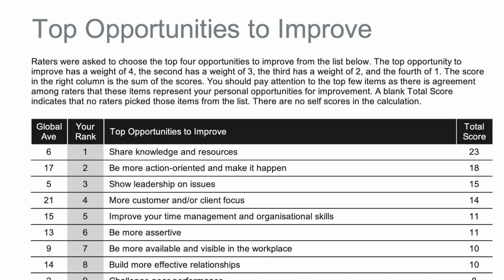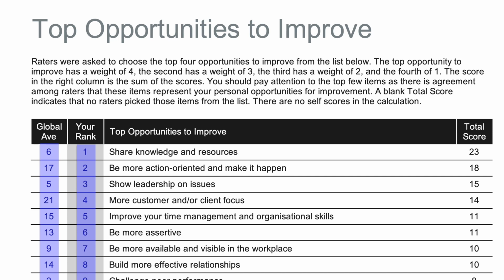When we look at his top opportunities to improve, what we see here is that generally he has scored differently to most other people in the global benchmark. His number one is to share knowledge and resources. That's normally number 6.